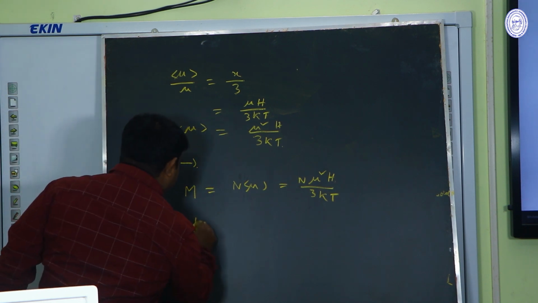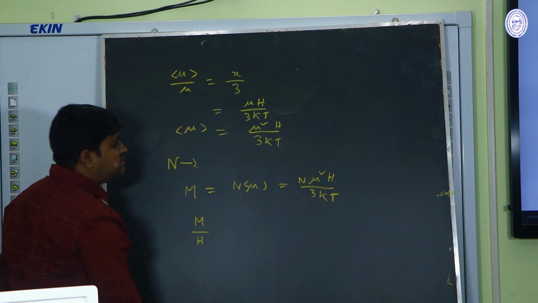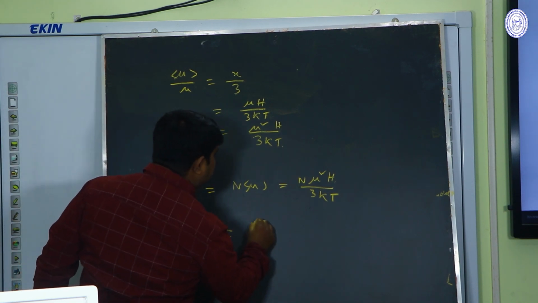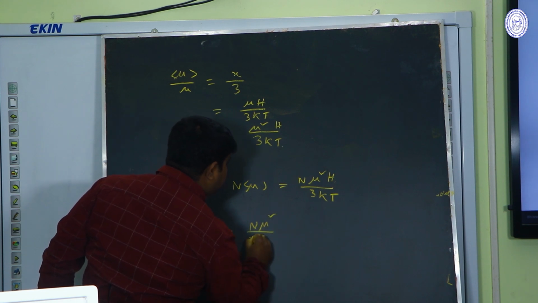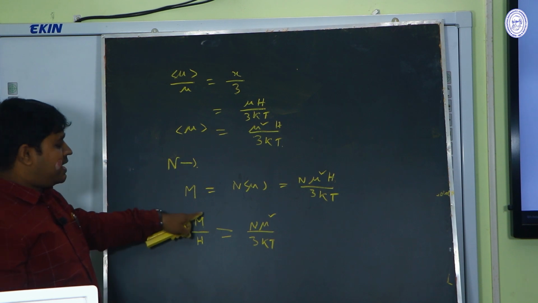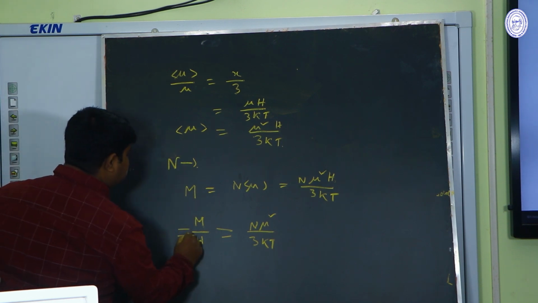Or magnetization per unit magnetic field intensity is equal to n mu square by 3kT. The magnetization per unit intensity is called susceptibility.